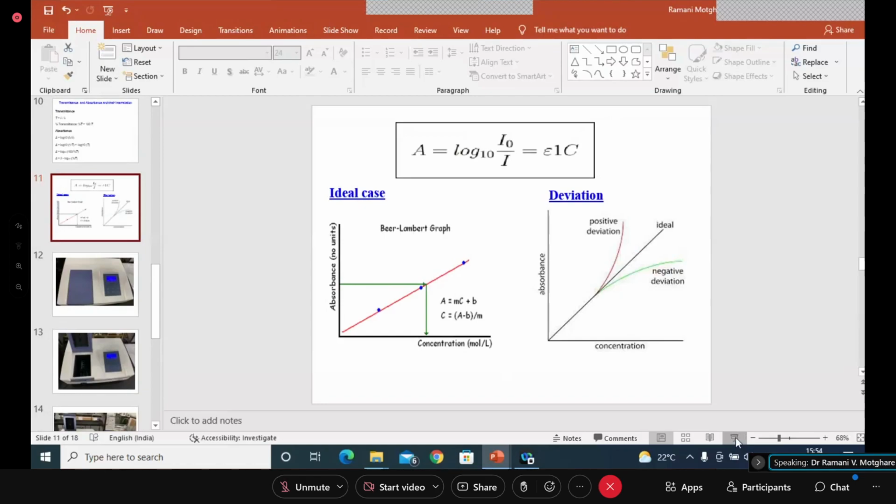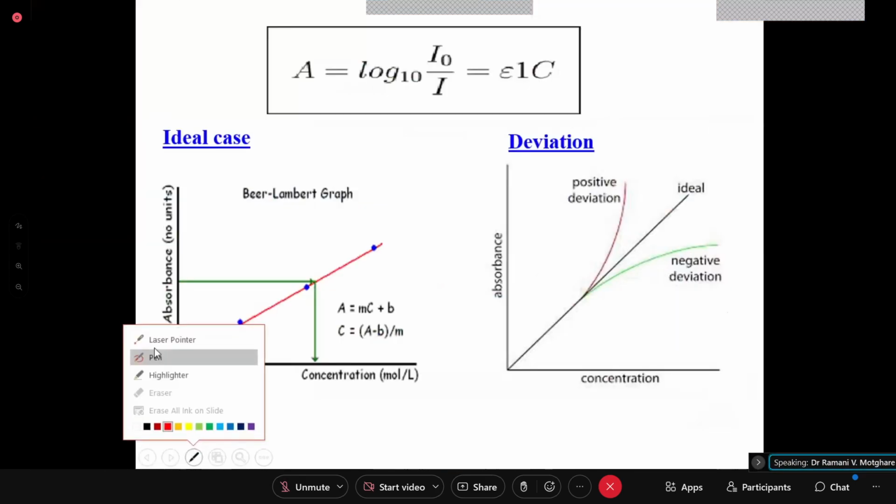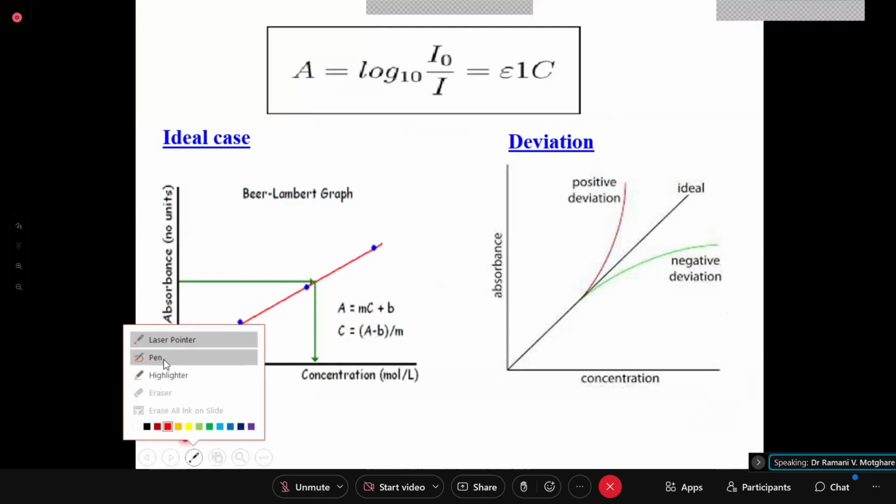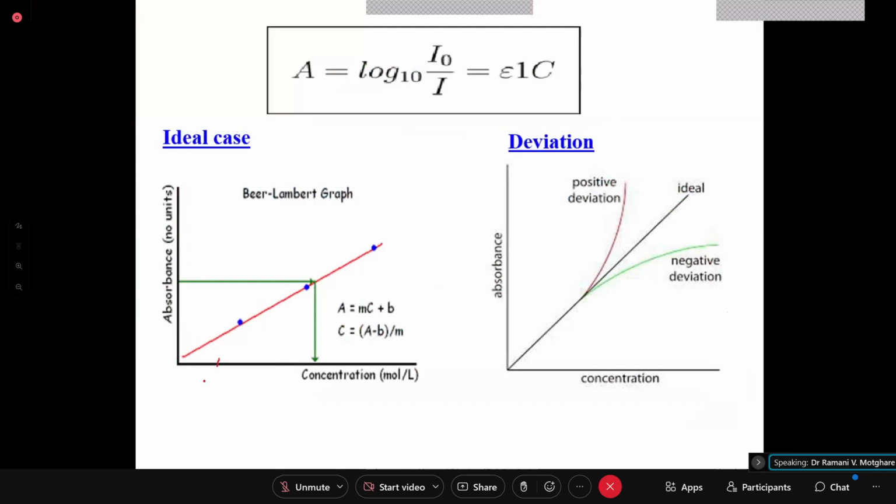The calibration curve will be absorbance versus concentration. Now in this case, you have here 0.28, that is milligrams of cobalt per ml. This is the first concentration, right?